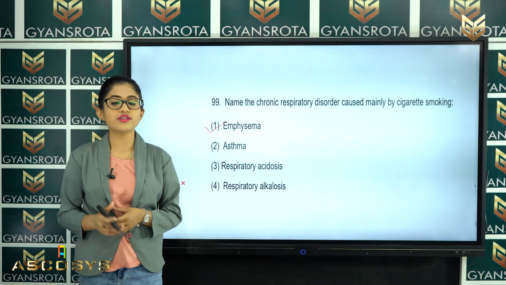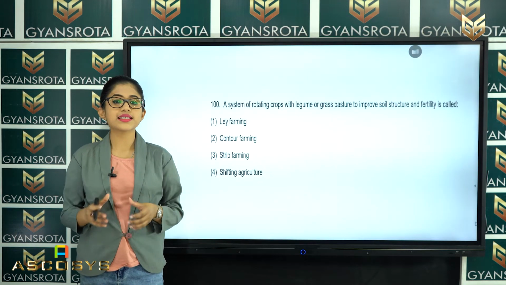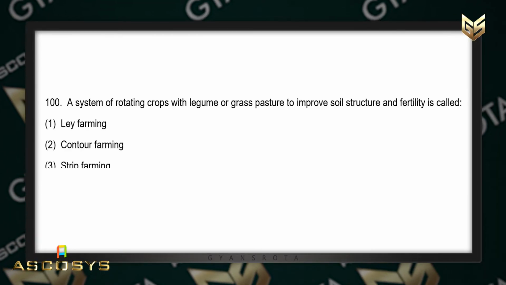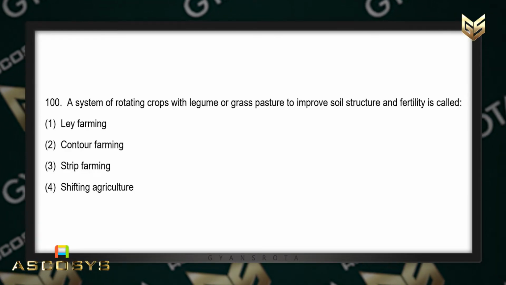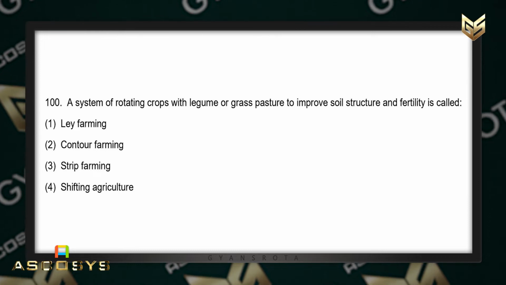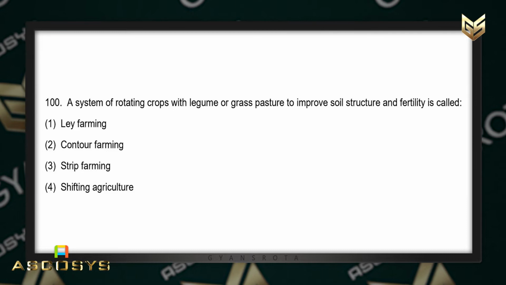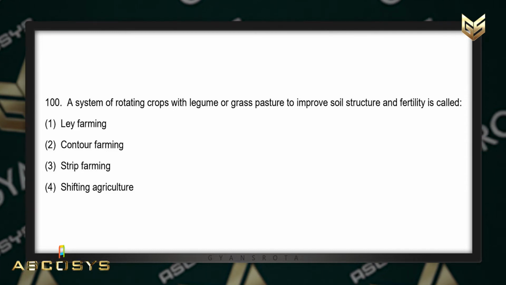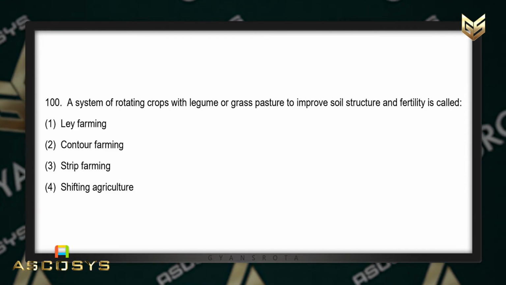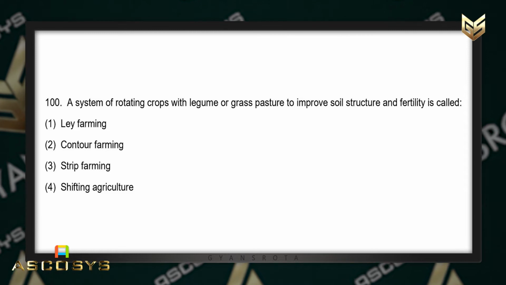Now, let us move on to the next question. Now, the next is the 100th question. A system of rotating crops with legumes or grass pasture to improve the soil structure and fertility is called ley farming, contour farming, strip farming or shifting agriculture.